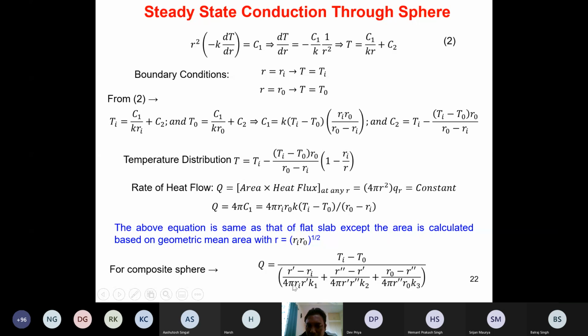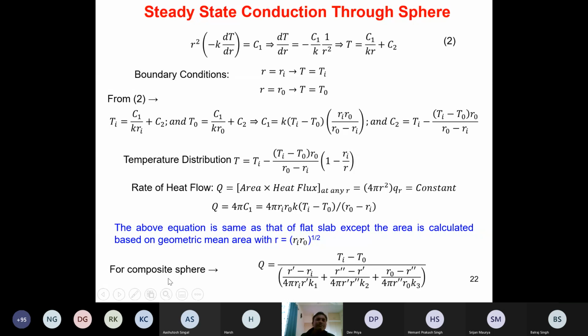So individual resistances are going to be R dash minus Ri divided by 4 pi Ri R dash K1 plus R double dash minus R dash divided by 4 pi R dash R double dash K2 plus R naught minus R double dash divided by 4 pi R double dash R naught K3. Here K1, K2, K3 are going to be the thermal conductivity of material 1, material 2, material 3, if we are looking at the composite sphere of 3 layers: layer 1, layer 2, layer 3.